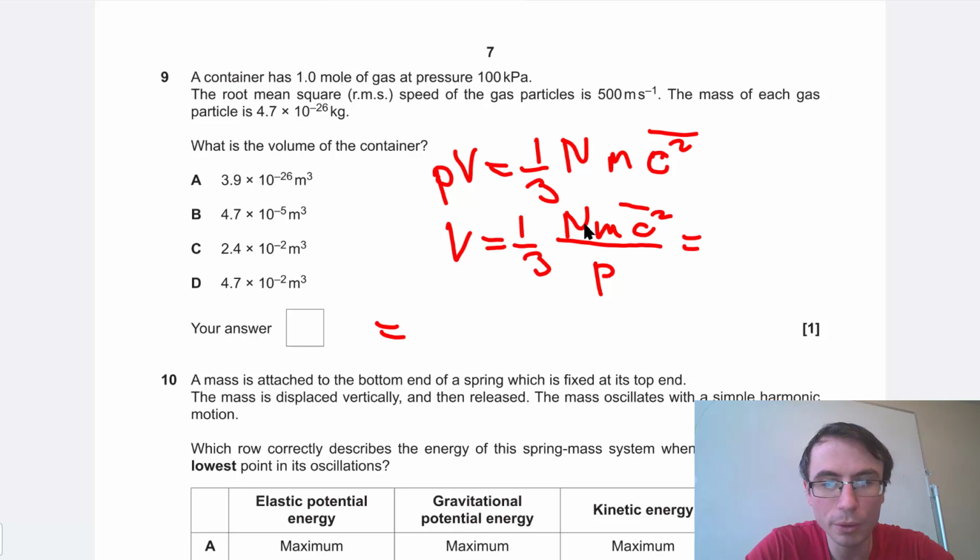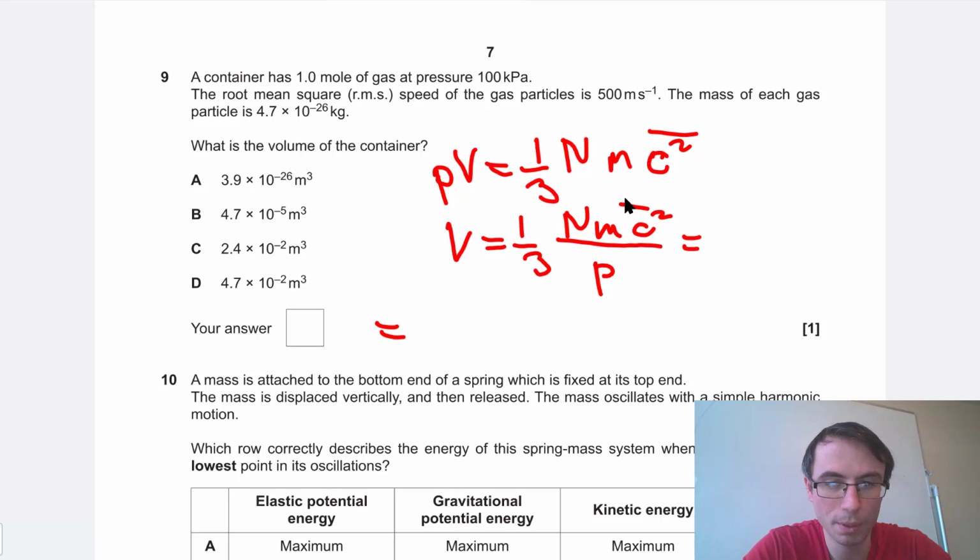Then we need to multiply this by the root mean square speed, which is 500 meters per second, careful with the units, squared, and then divided by 100 times 10 to the power of 3. And this here should give me, let's have a look, and then multiply by a third as well.